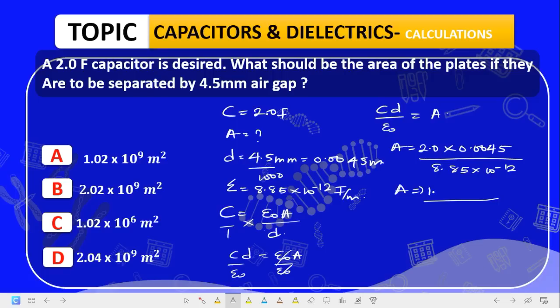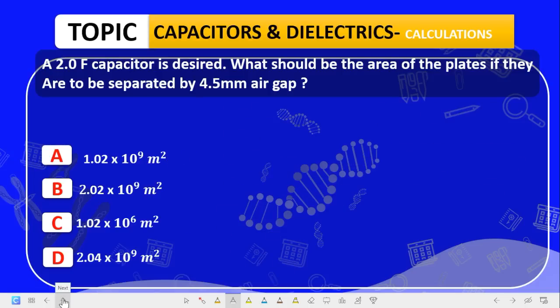The answer is 1.02 times 10 raised to the power of 9 meter squared, and that is option A. So practically, that is how to go about a question like this. First of all, convert all your values, then write out the formula, C is equal to epsilon-naught A all over D, knowing what each of the parameters in the formula signify.